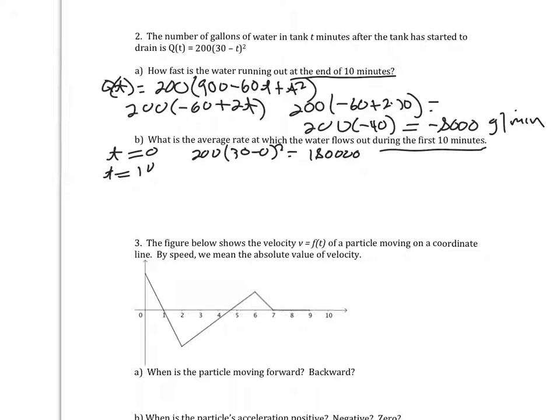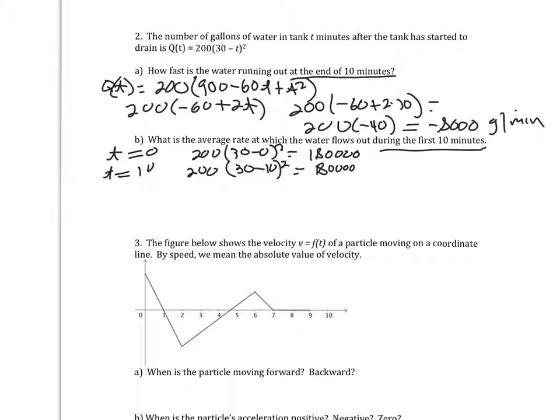And then at T is equal to 10, we're going to get 200 times 30 minus 10 squared, which is going to give us 200 times 20 squared, or 200 times 400, which is going to give us 80,000.